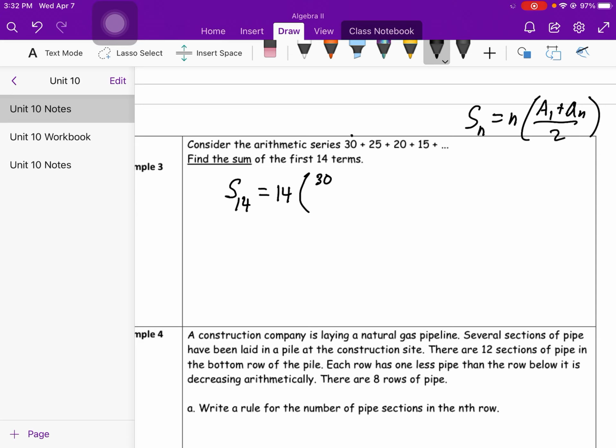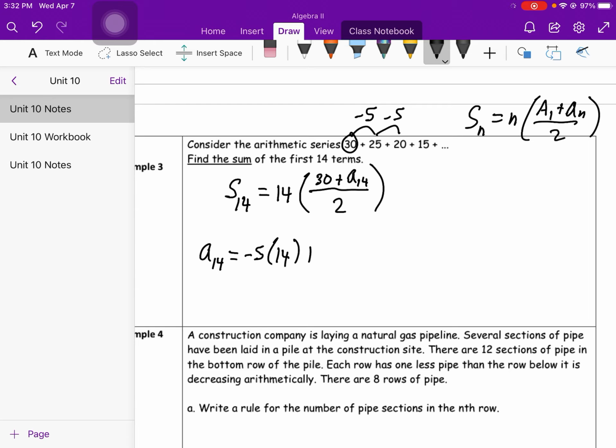So a of 1 is 30, that first term, and we're going down by 5, so we have a minus 5. 30 plus a of 14, which we don't know yet. So then to find a of 14, our common difference is negative 5.